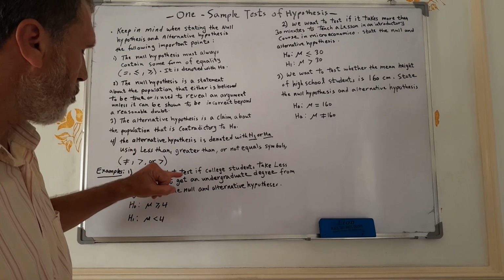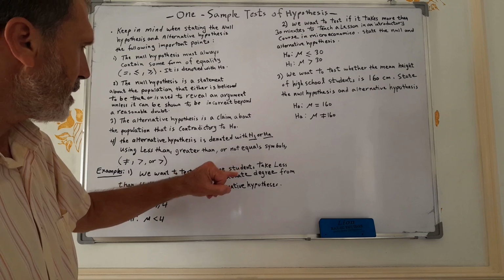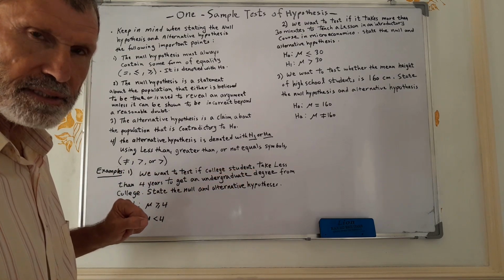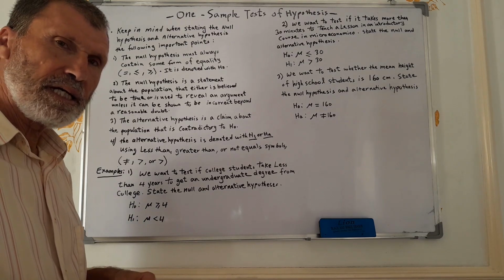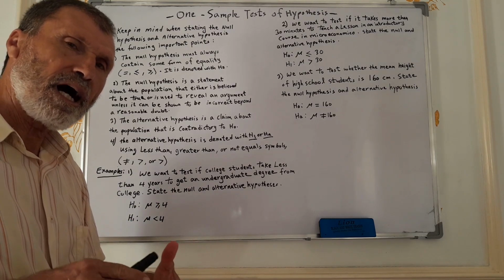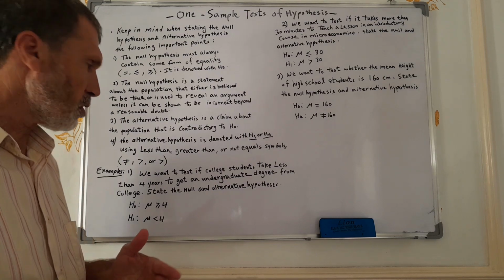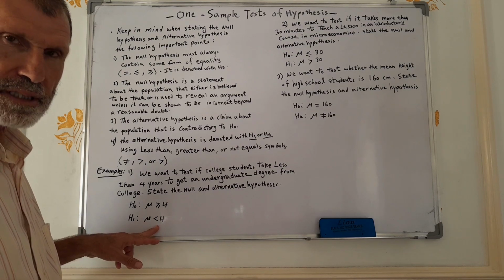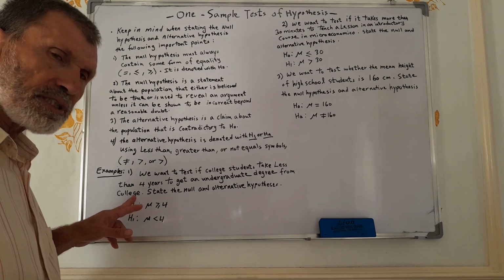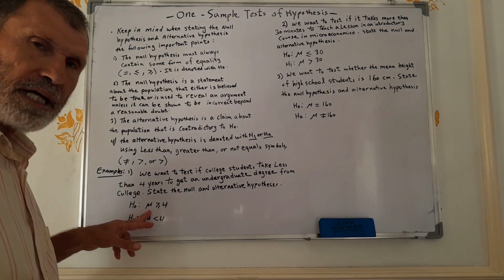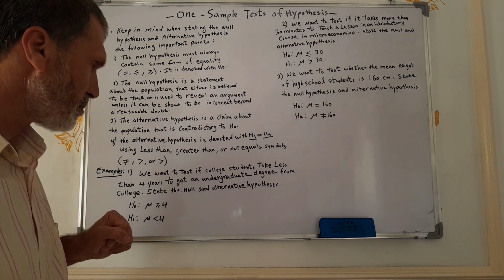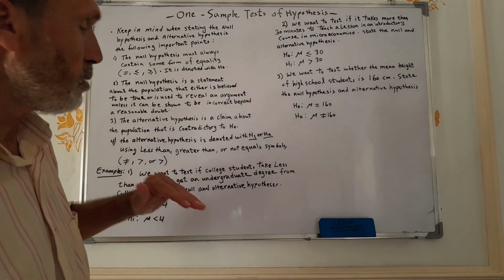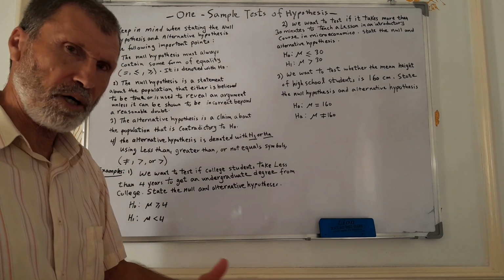Here we want to test this claim that college students take less than 4 years. This is the alternative hypothesis, so we say mu less than 4. And the null hypothesis is going to be mu greater than or equal to 4 years. So this is the claim, which is in contradiction to the null hypothesis.